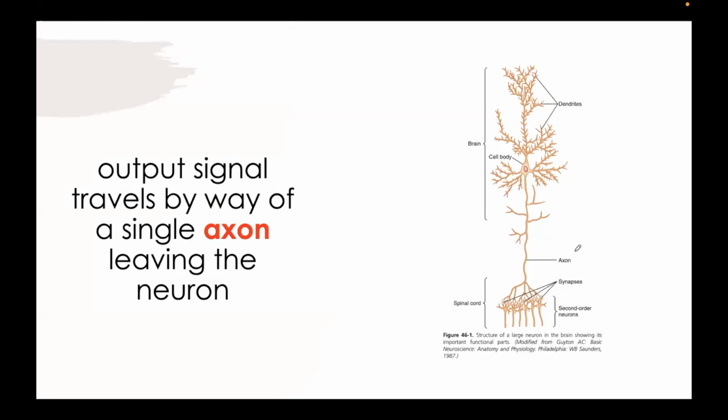Now, let's highlight the axon. Now, there are signals and they will travel by way of a single axon leaving the neuron. So always remember the axon carries impulses or signals away from the cell body. So letter A, axon, is letter A, away.